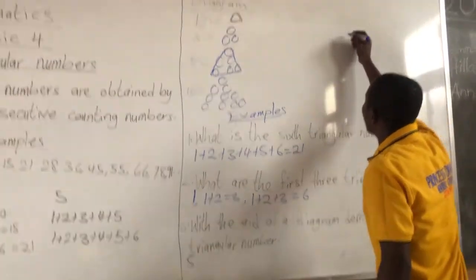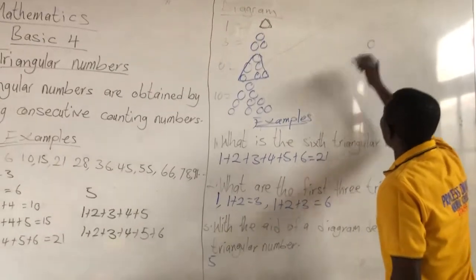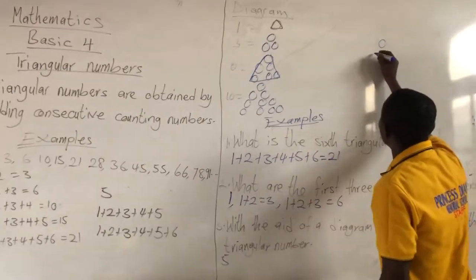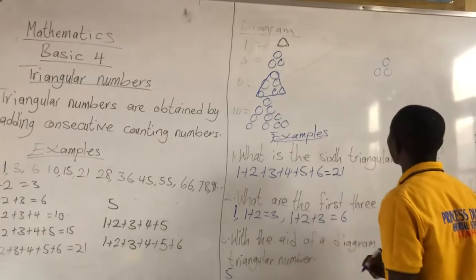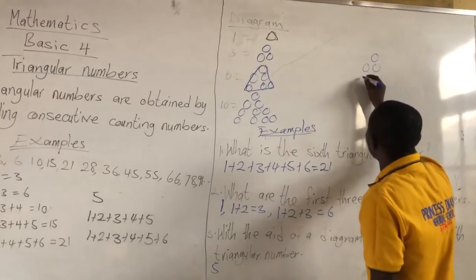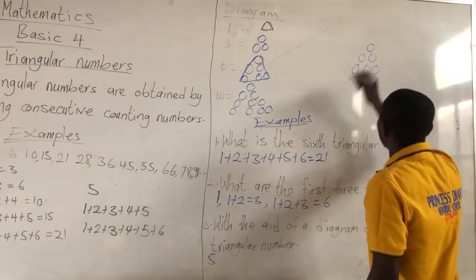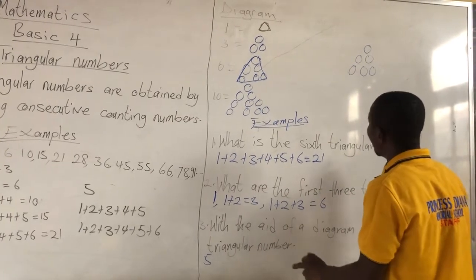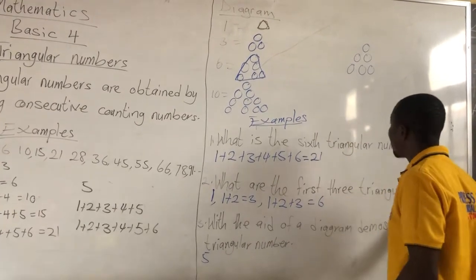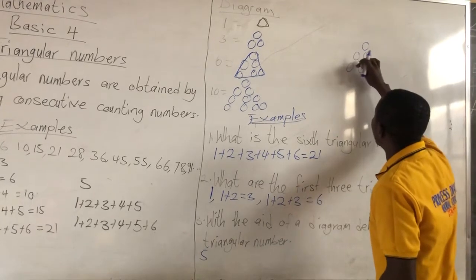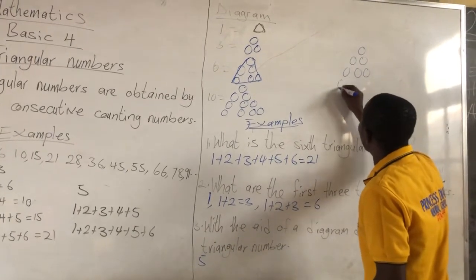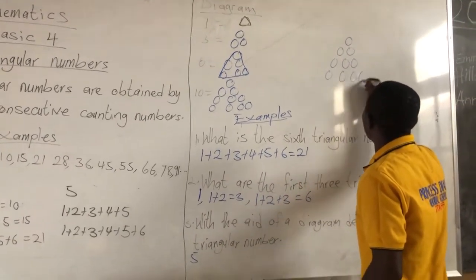We start with the first one, so 1. And the next one will be what? 1, 2. From 2 go to 3. 1, 2, 3. Say fifth triangular number. So we are adding up to what? 5. This 1, 2. Then 1, 2, 3, 4.